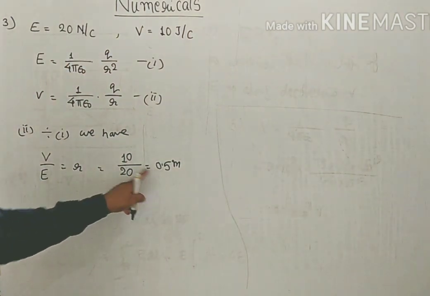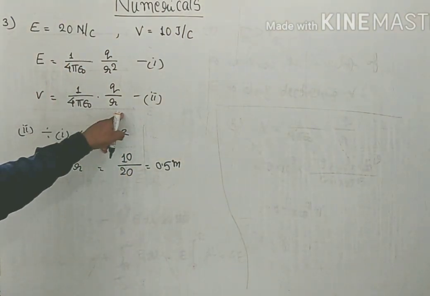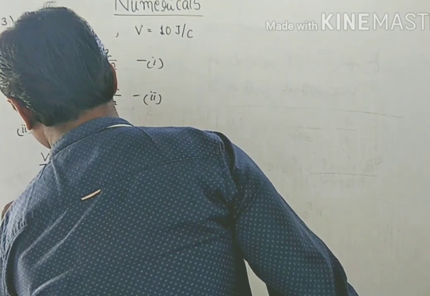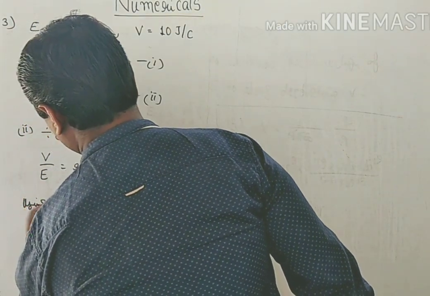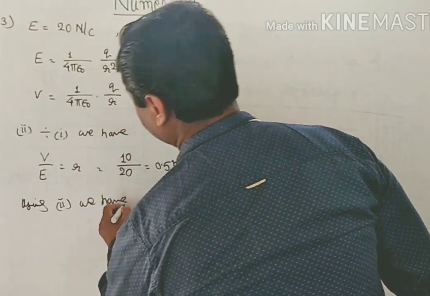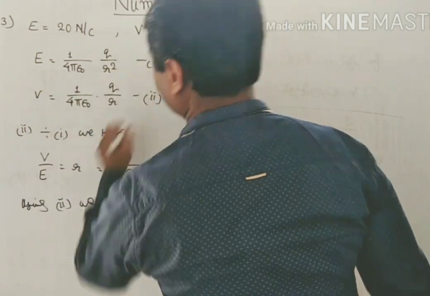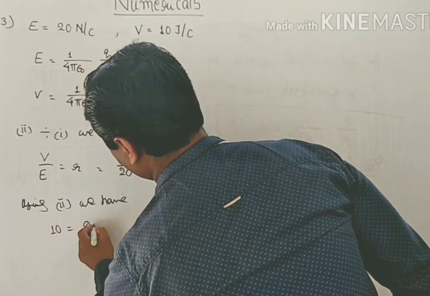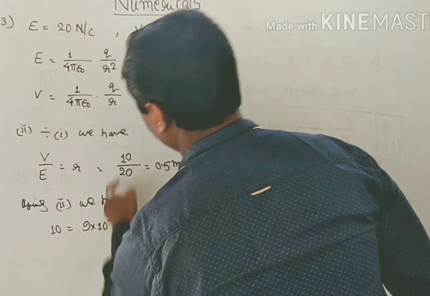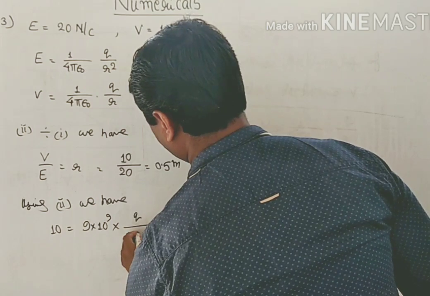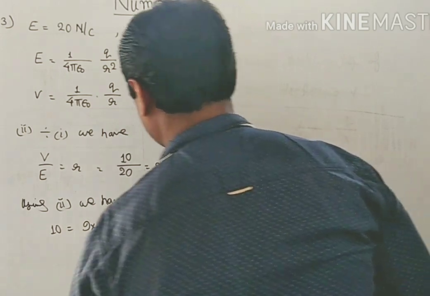Now just place this value of R in equation number 2 so that you can have magnitude of charge. Using equation number 2, we have electric potential is given to be 10, which is equal to 1 upon 4 pi epsilon naught, which has got 9 into 10 to the power 9. Electric charge we need to calculate, and this is 0.5 we just have calculated.